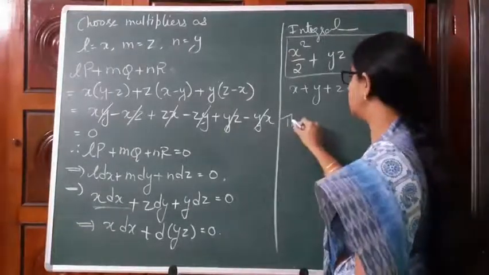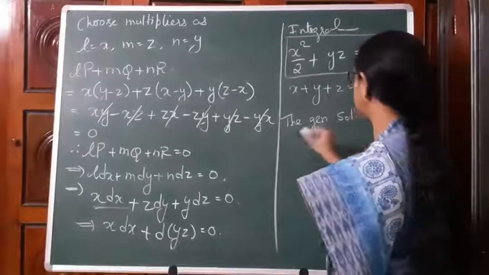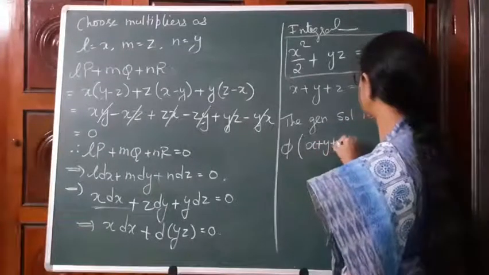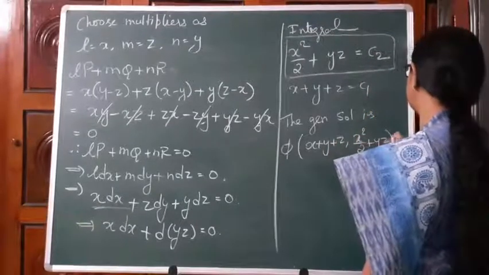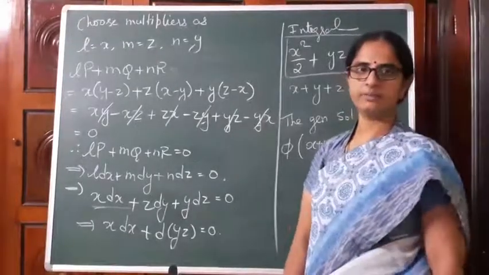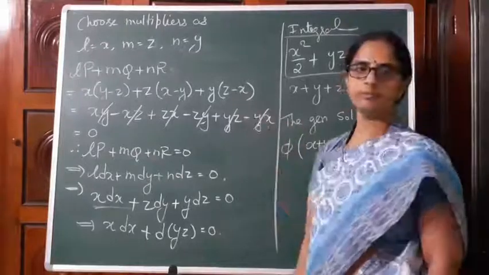Therefore, the general solution is phi of (x plus y plus z, x square by 2 plus yz) is equal to 0, where phi is an arbitrary function. Here we obtained the two independent solutions using the method of multipliers.